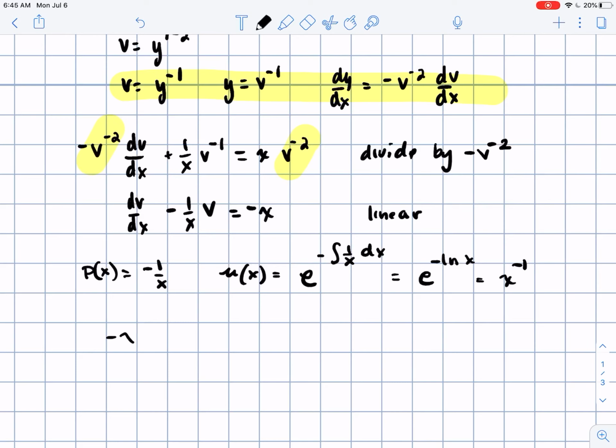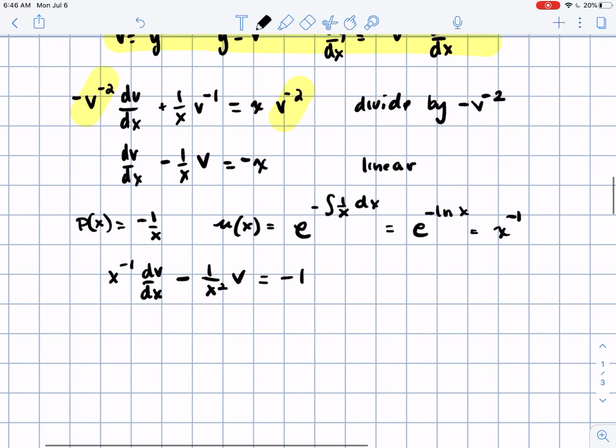So x to the negative 1 dv/dx minus 1 over x squared v equals negative 1.